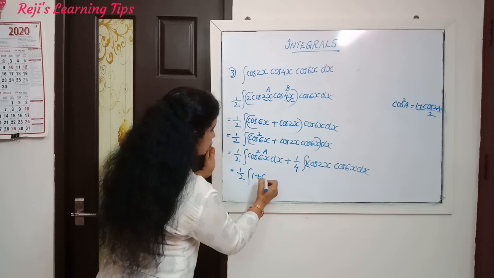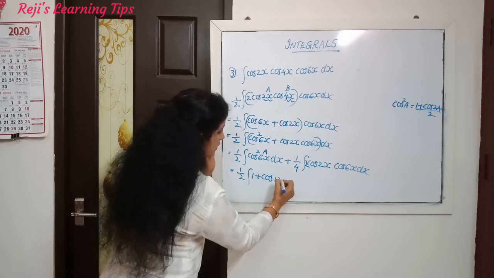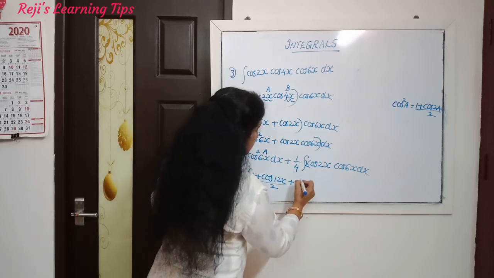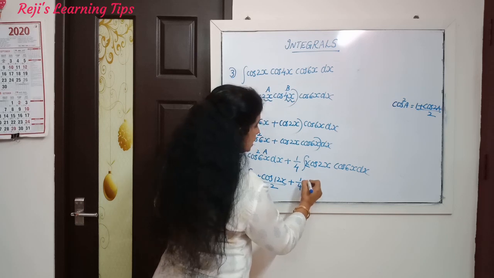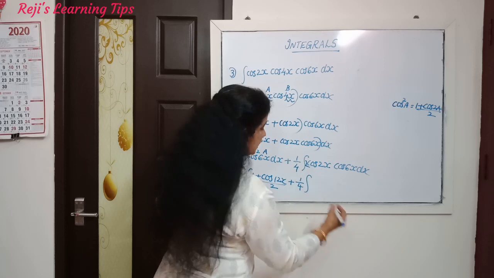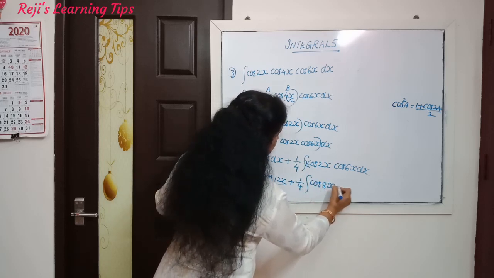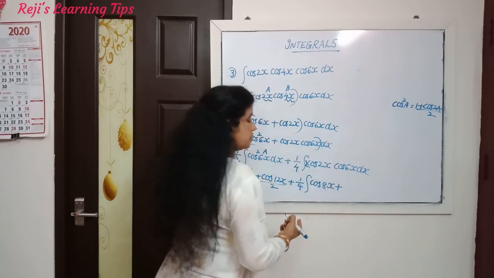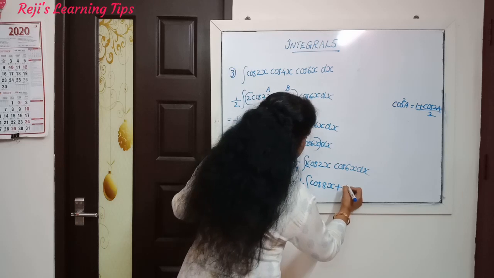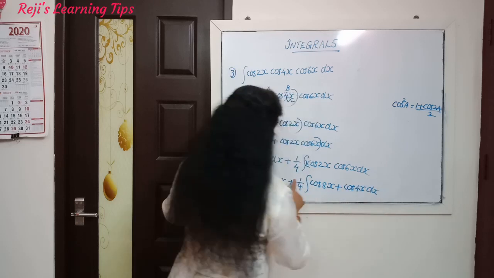Then 1 plus cos 2 into 6, that is 12x, divided by 2, plus 1 by 4 into the integral of 2 cos A cos B, which is cos A plus B, cos 8x, plus cos A minus B, cos of minus 4x. Cos of minus 4x is cos 4x dx.